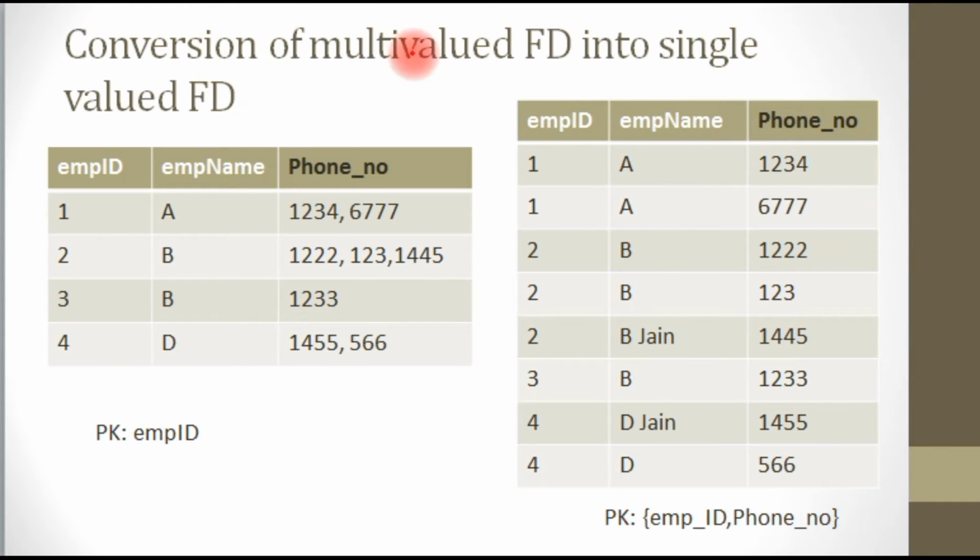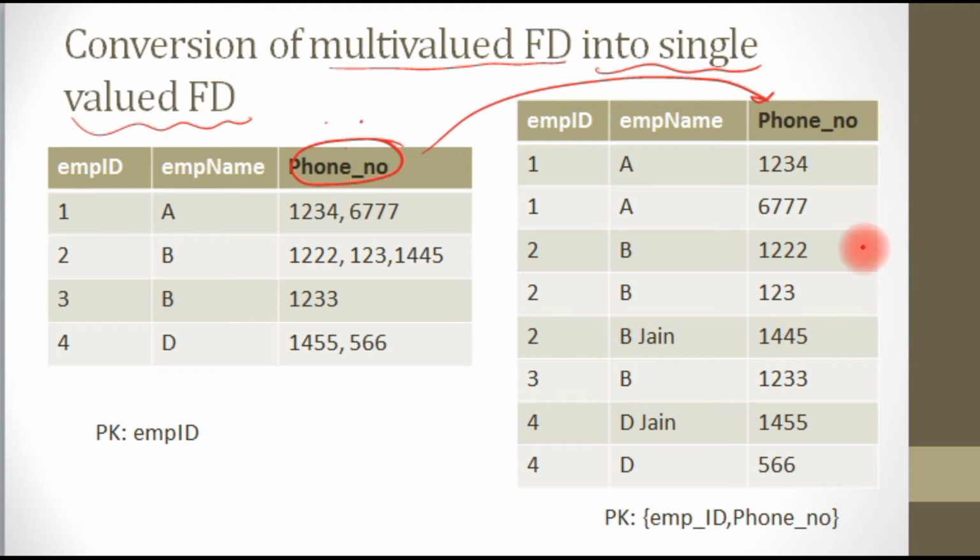See here, the conversion of a multi-valued functional dependency into a single valued functional dependency. This is your phone number, and this phone number is a multi-valued attribute. It is converted into a single valued attribute by creating separate rows for each value in the multi-valued attribute, that is phone number.